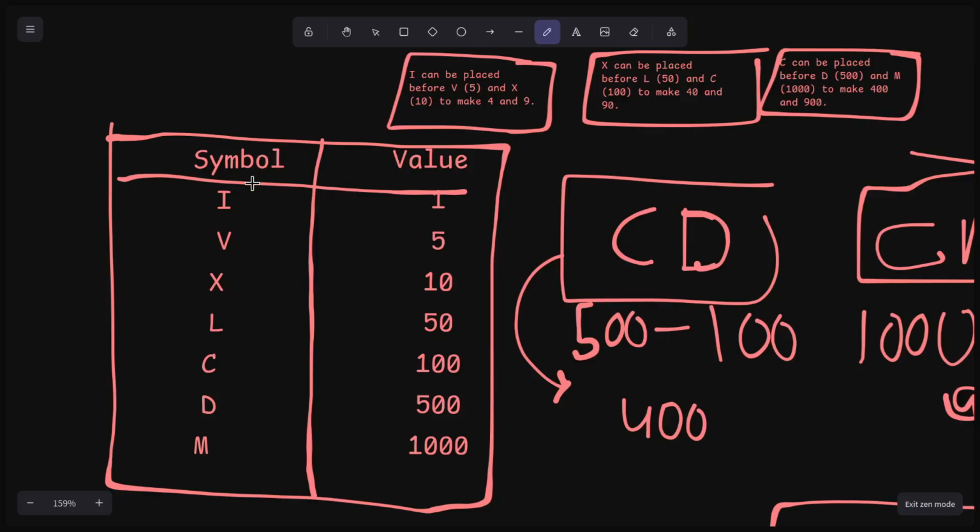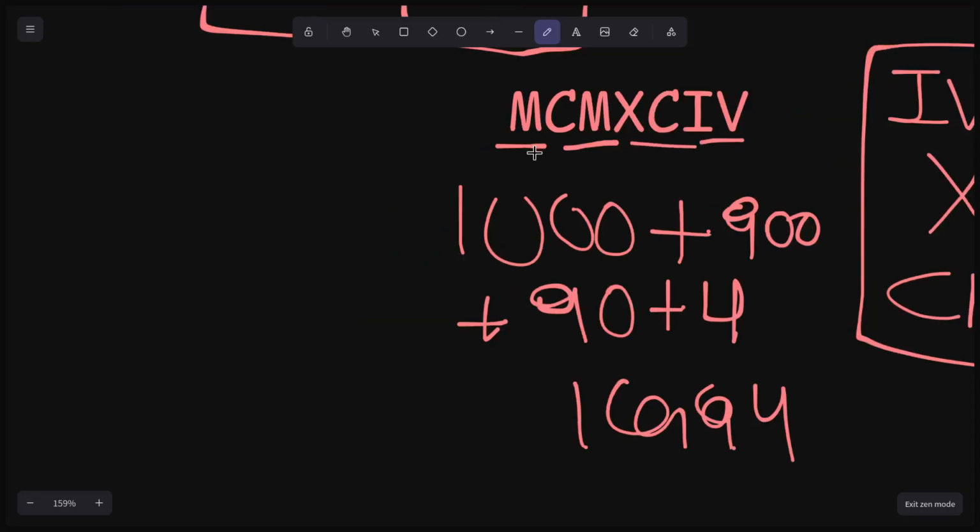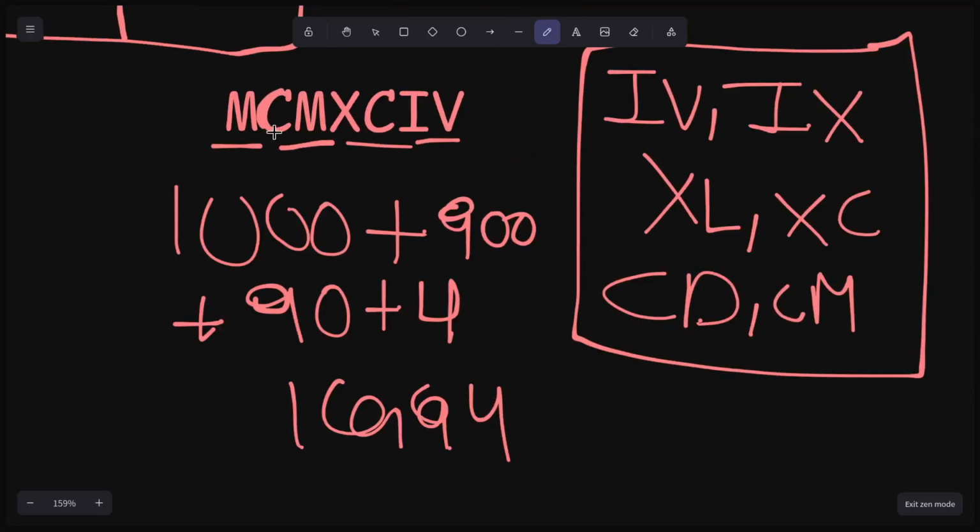So we will store these symbols with their corresponding values in hash map. Okay, and whenever we see let's say C in front of M.